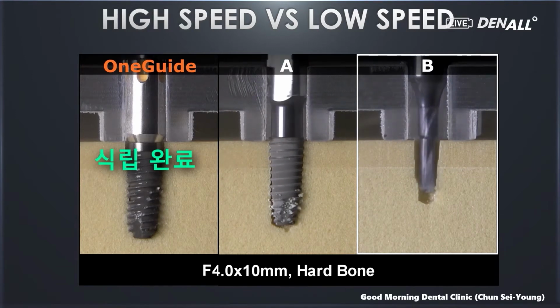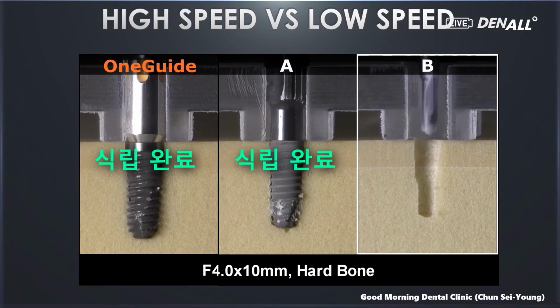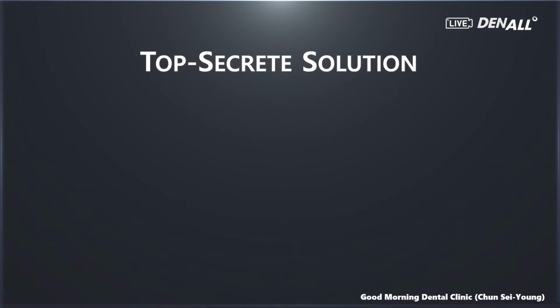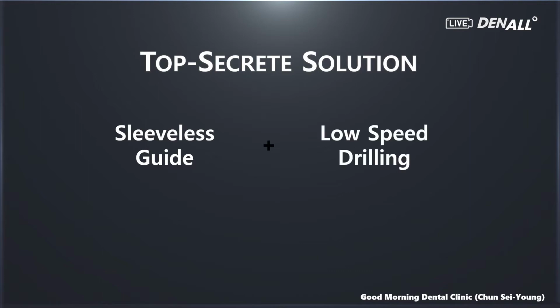The inside wall can be cut away and distorted more than at a low speed. So in guided surgery, let me talk about the top secret solution. What I'm proposing is a sleeveless guide plus low-speed drilling. This solution can render the most accurate result. That's what I want to say.